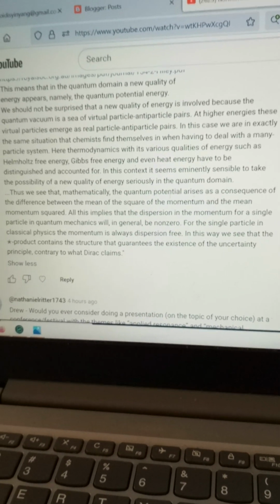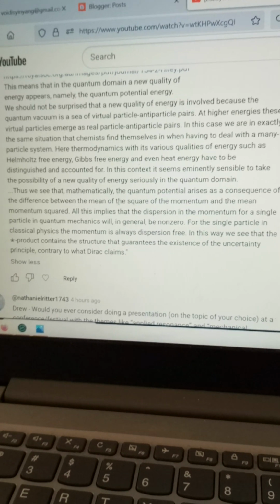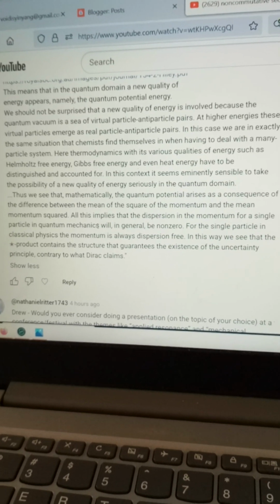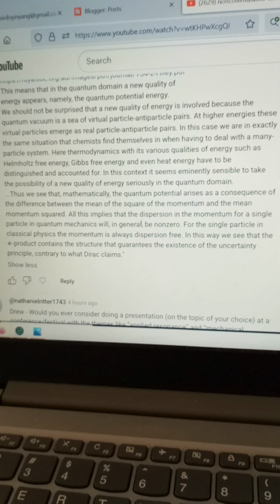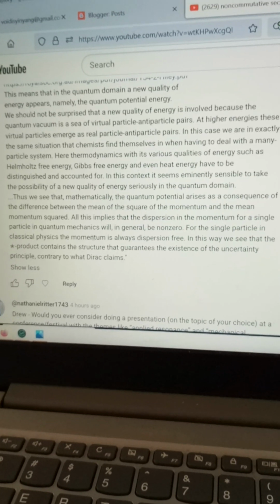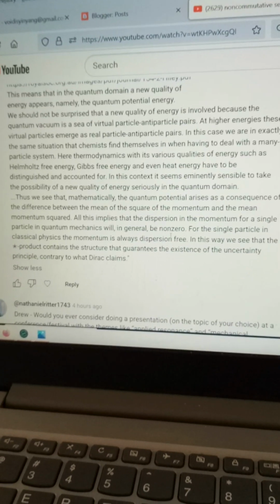Thus we see mathematically the quantum potential arises as a consequence of the difference between the mean of the square of the momentum and the mean momentum squared. All this implies that the dispersion in the momentum for a single particle in quantum mechanics will in general be non-zero.